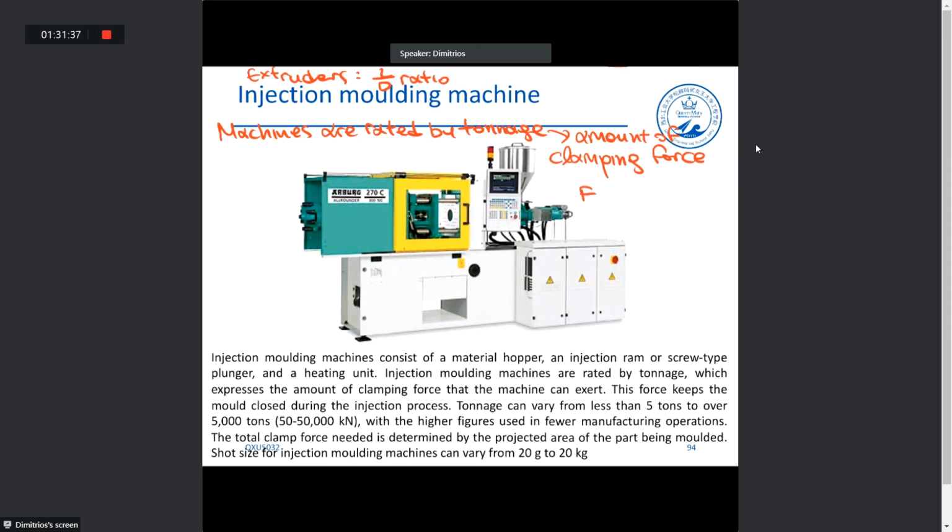The tonnage can vary significantly, from less than 5 tons to 5,000 tons. And usually, we can have a very large variation in the amount of polymer that we injection mold. It can vary from 20 grams, that is for academic labs usually, to 20 kilos for very large industries, okay?